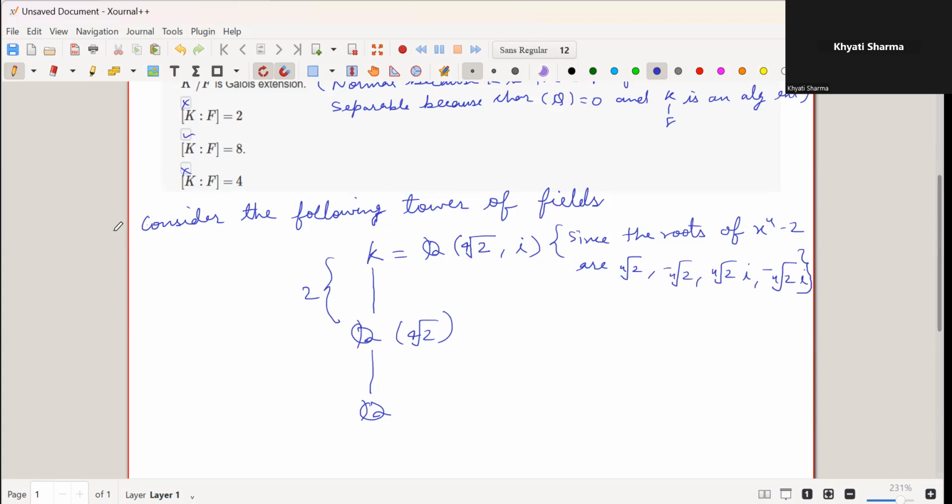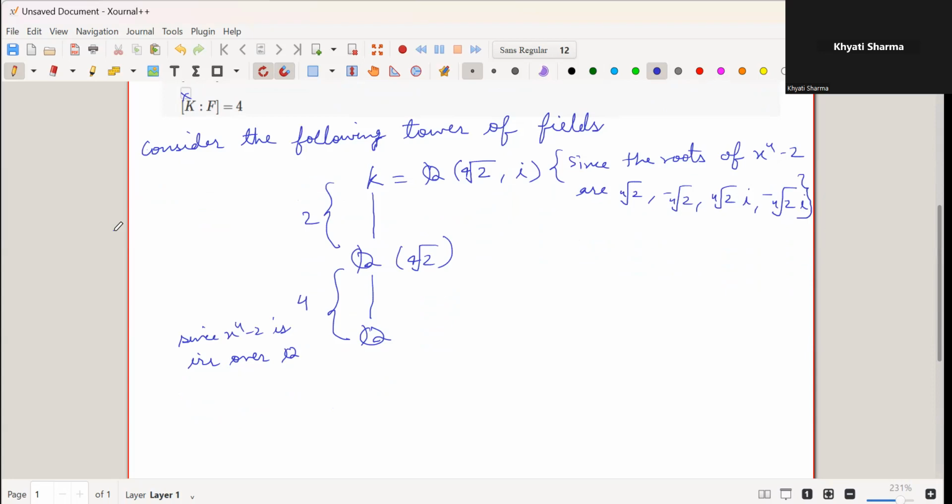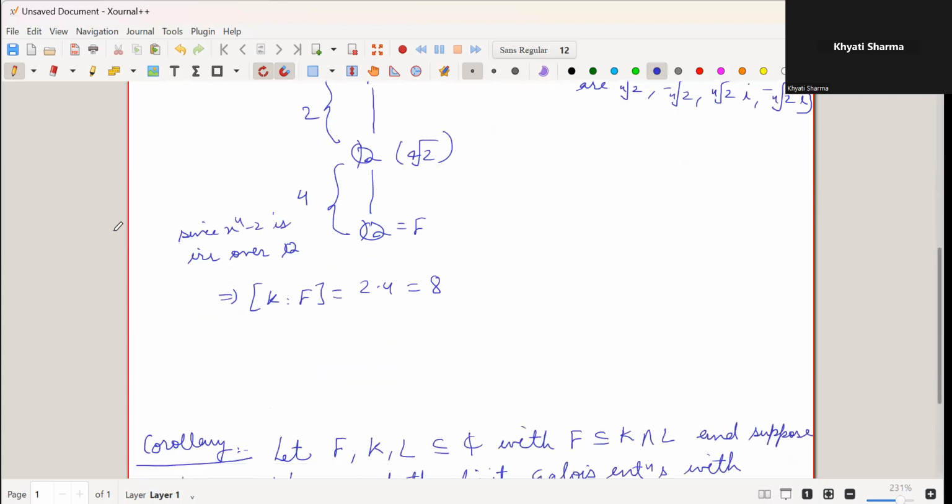And this is 4 since x^4 minus 2 is irreducible over Q, and the fourth root of 2 satisfies this polynomial, and it is irreducible over Q, so it turns out to be the minimal polynomial. This implies that K over F has dimension 2 times 4, that is 8. So that's why the dimension is 8.